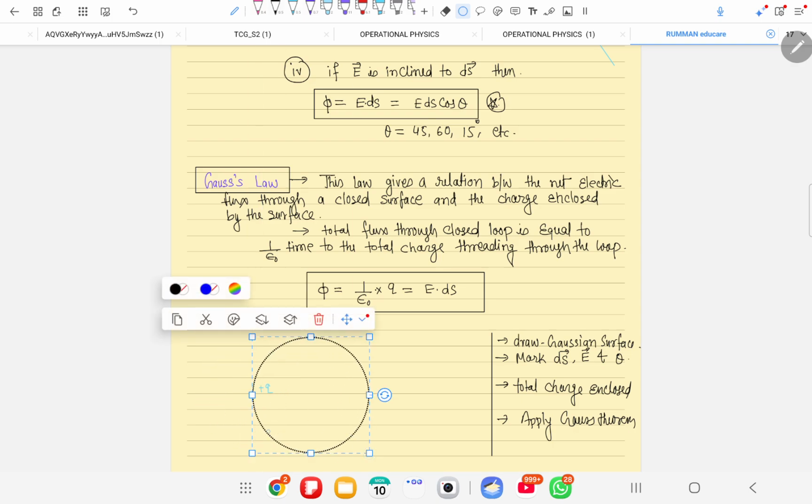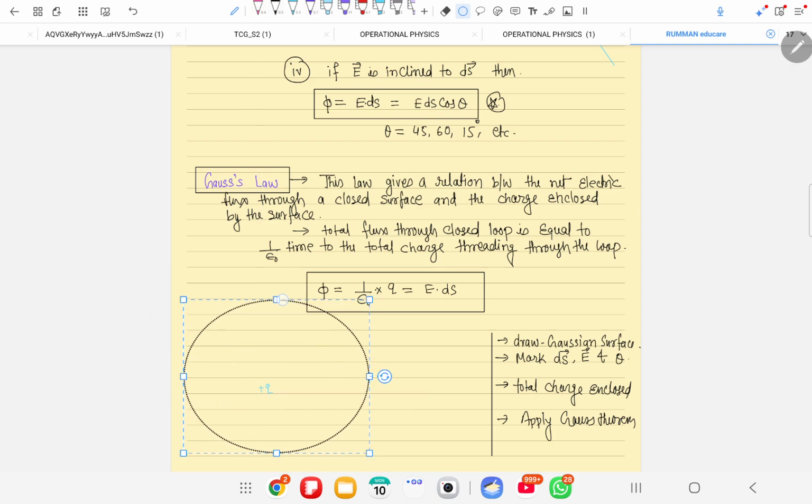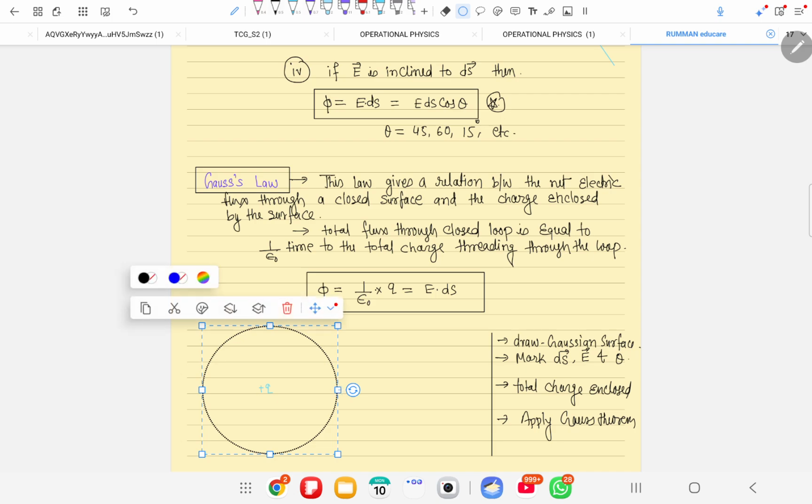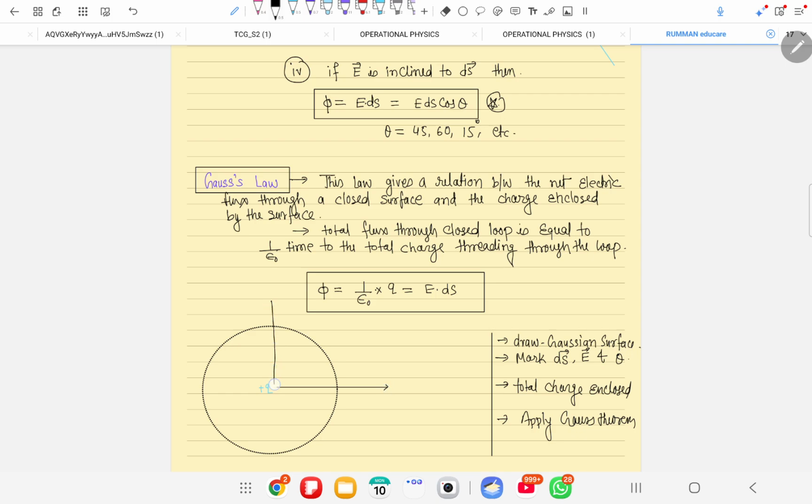The Gaussian surface of this charge is like a spherical charge distribution, and the field lines are directed outward symmetrically through this spherical region.